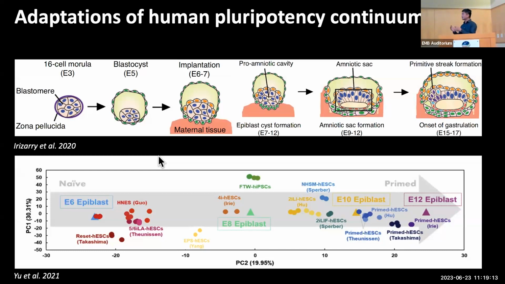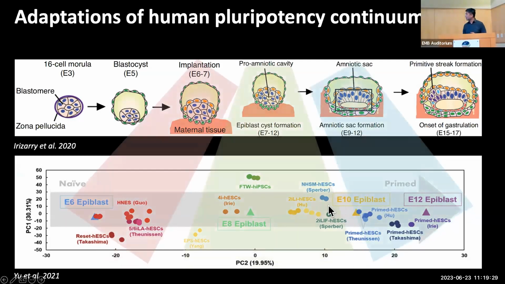It ended up that the human embryonic stem cells derived at the time required supplementation of FGF and TGF beta, and later we realized that cells cultured in those conditions more resemble the post-implantation human epiblast, or what we now call the primed state. This primed pluripotency state corresponds more to the E9 to E12 epiblast instead of the epiblast from the human blastocyst. Although these ES cells were initially derived from the blastocyst, they progressed in vitro a little bit more, and then settled in at this primed pluripotency state.